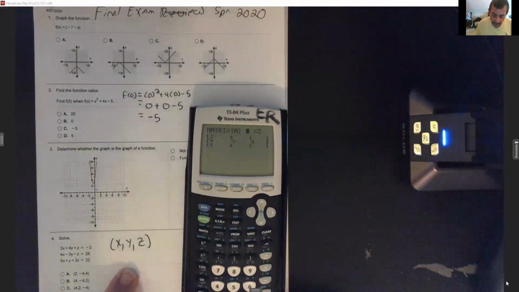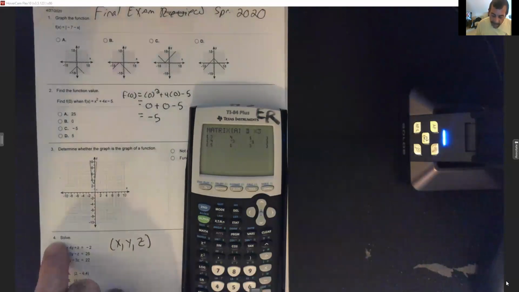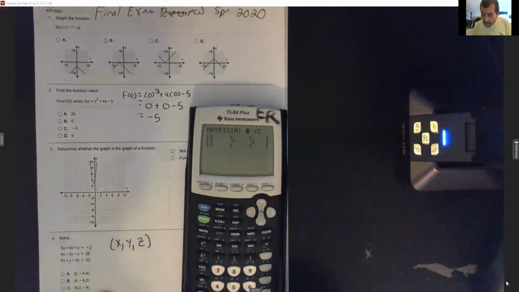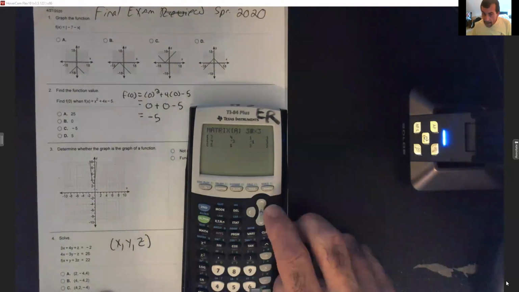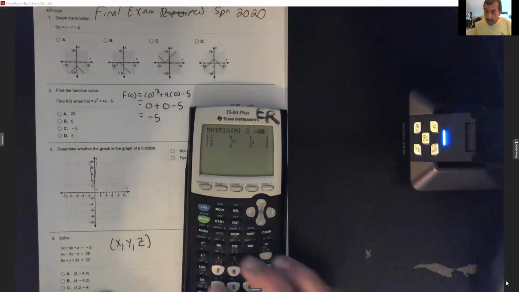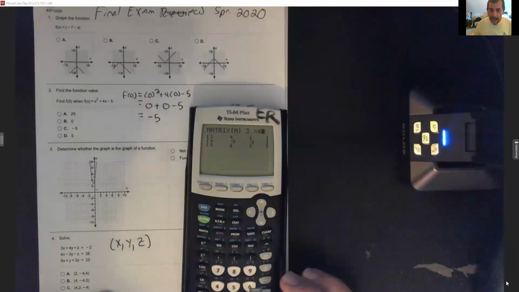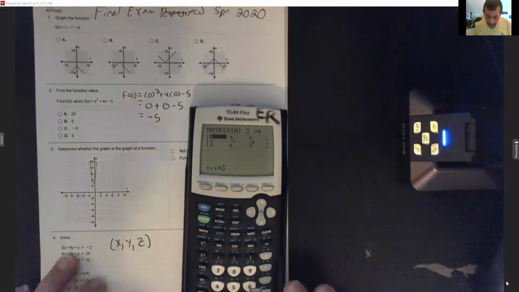Now these are 3 rows by 4 columns. So that's going to be a 3 enter by 4. It's always rows by columns. Now, we're just going to put in our numbers. 3 enter, 4 enter, 1 enter, negative 2. It's going to jump down to the next row.